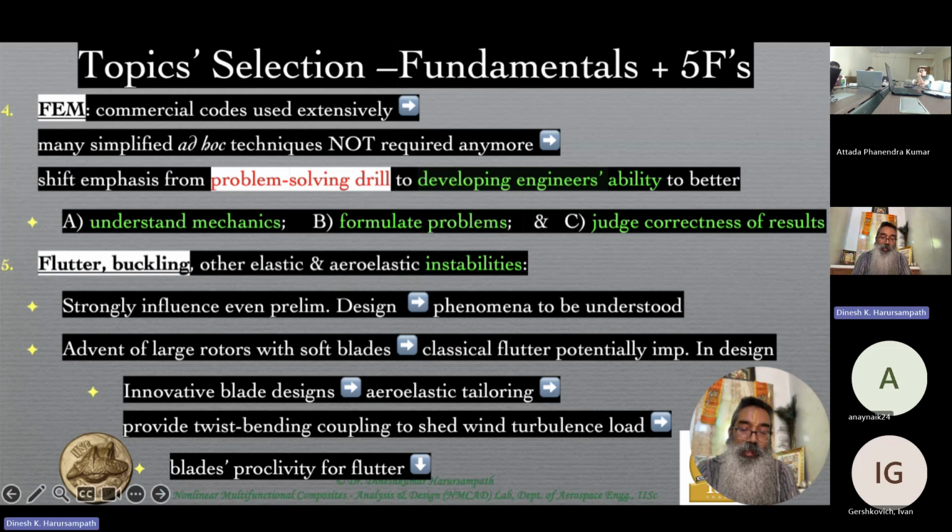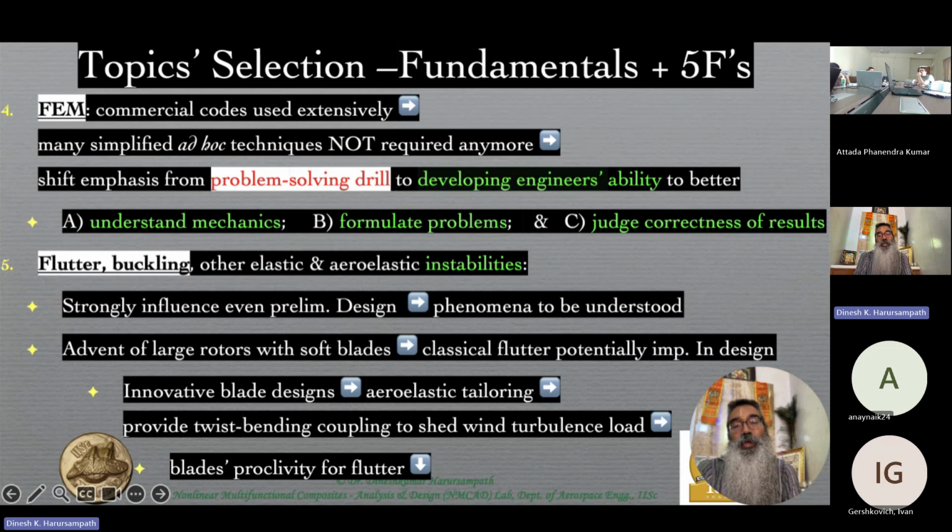So instability influences not only detailed design, but even preliminary design, which is why anything that influences conceptual or preliminary design is something that you should be aware of in an undergrad course. So what does this imply? Because of this strong influence, we as students need to understand the phenomena involved very clearly, whether it's buckling or flutter, etc., at least in a qualitative sense.